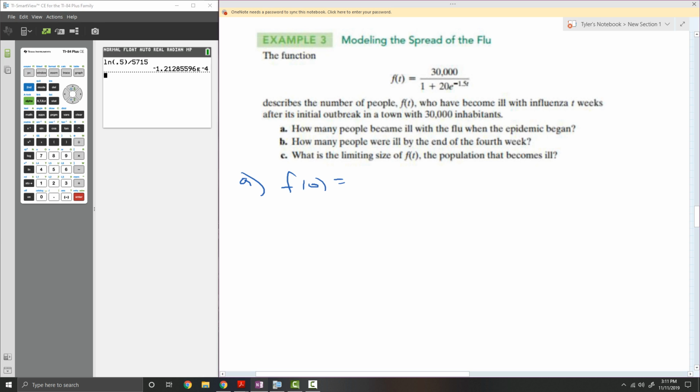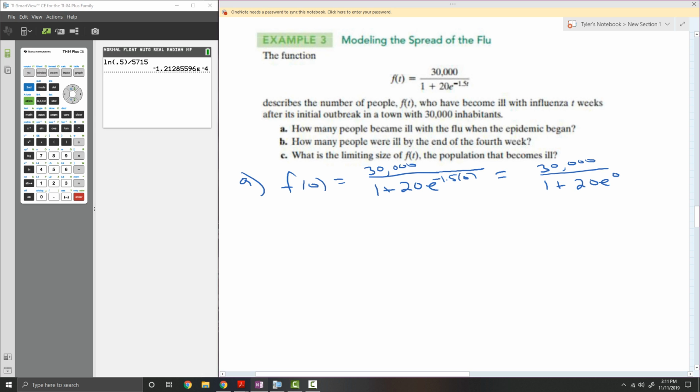If I plug this in, we would have 30,000 divided by 1 plus 20 e to the negative 1.5 times 0. The exponent for e would of course be 0, because negative 1.5 times 0 is 0. So we'd have 30,000 over 1 plus 20 e to the 0 power.